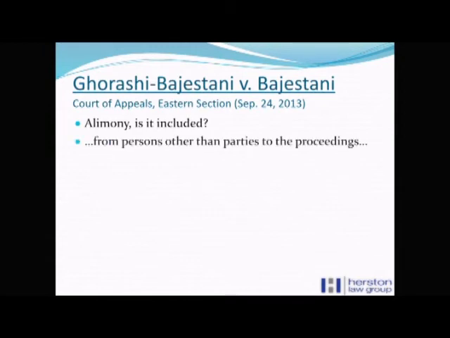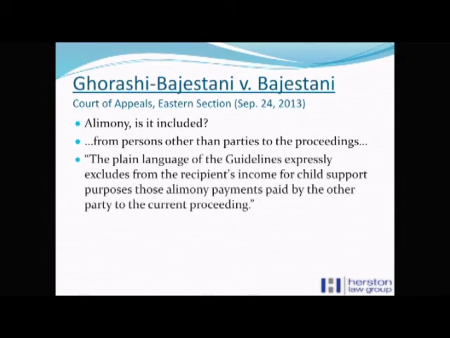It's worth noting that our new guidelines say that gross income includes alimony from persons other than parties to the proceeding or before the tribunal. Well, the Court of Appeals holds that the plain language of the guidelines expressly excludes alimony payments paid by a party to the proceedings. They note that dad's case was tried before 1995, long before the definition in the guidelines was changed to say from persons other than parties to the proceedings, and that case is no longer controlling.